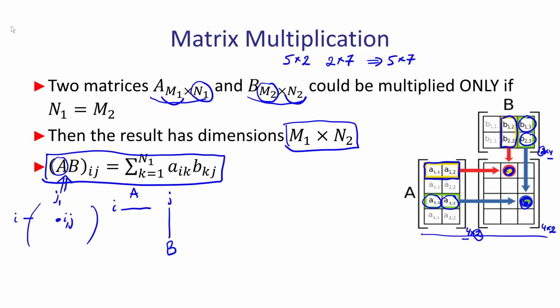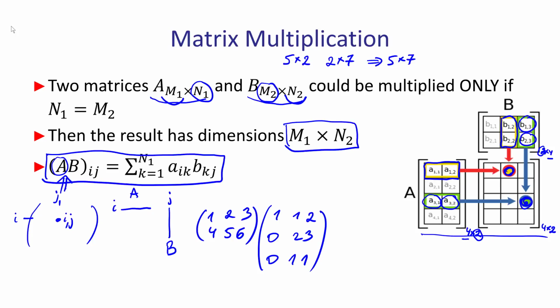Here is another example. Let's say you want to multiply the matrix 1, 2, 3, 4, 5, 6 by a 3 by 3 matrix 1, 1, 2, 0, 2, 3, 0, 1, 1. This will be our matrix A, and this will be our matrix B. Now, first of all, we need to detect if it will work at all, if you can do the multiplication.